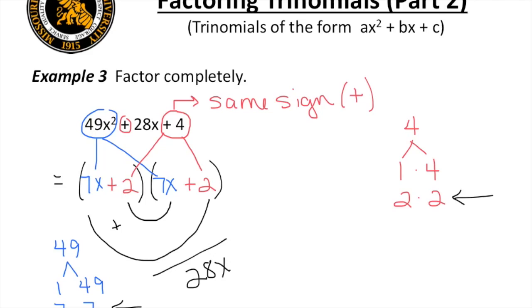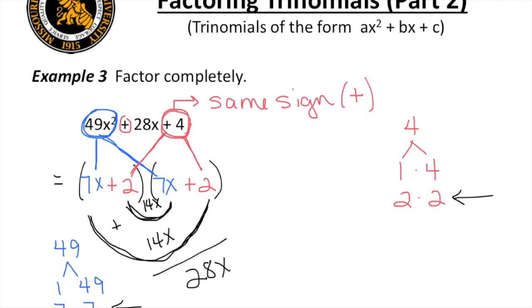We're confident that we have our 49x squared by multiplying 7x times 7x. We're confident that we have our positive 4 by multiplying a positive 2 times a positive 2. We only need to check our inner product of 14x plus our outer product of 14x.